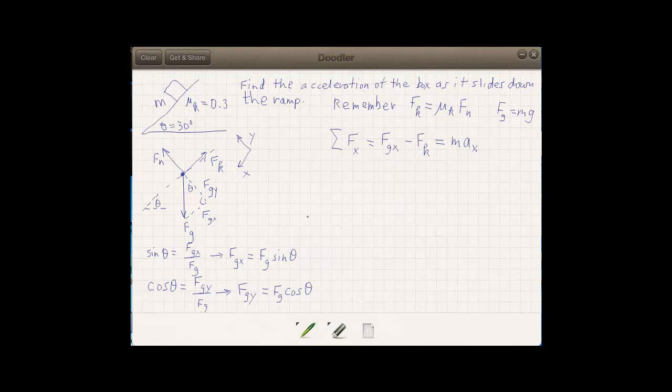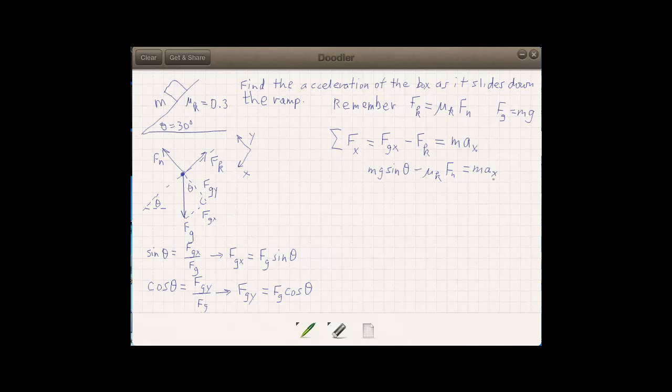So we can write down Fgx is Fg sine theta, or it's mg sine theta, minus, now F sub k, the force of friction, is equal to the coefficient of kinetic friction times the normal force. Okay, we substituted in for those. Those are equal to m a sub x. And we're done with this right now.